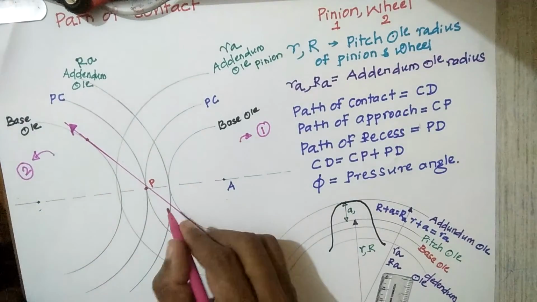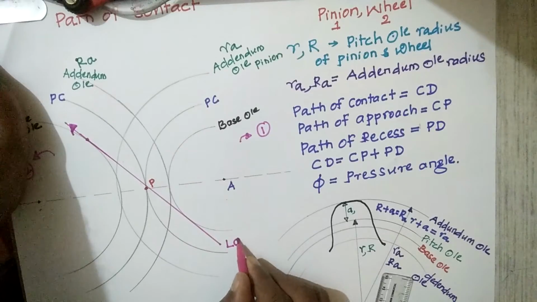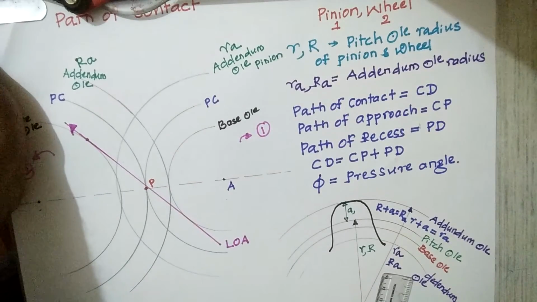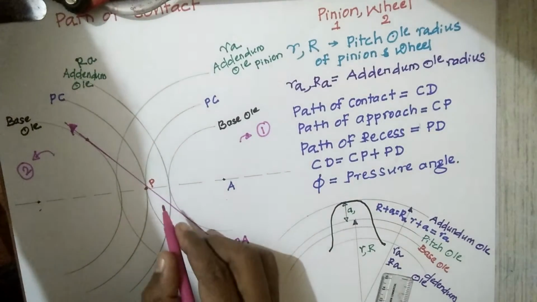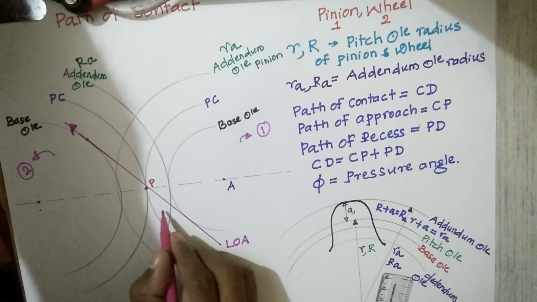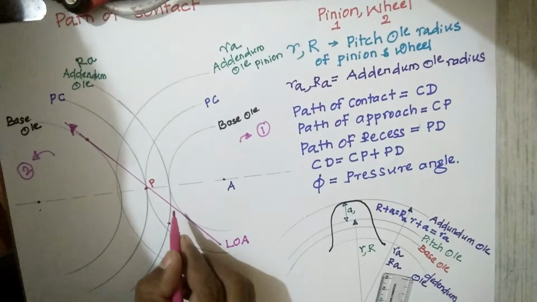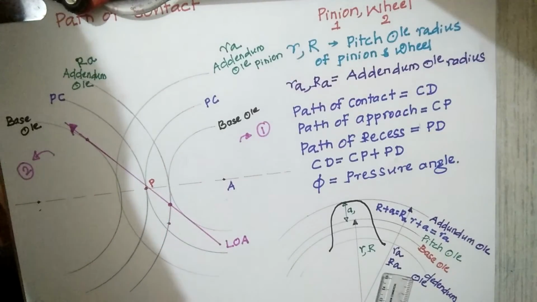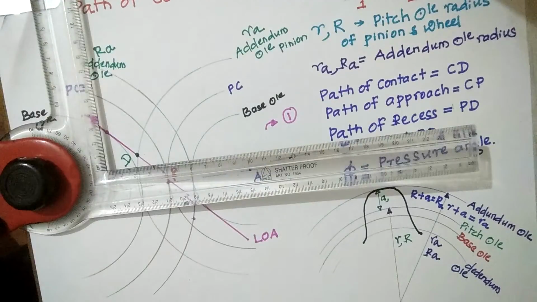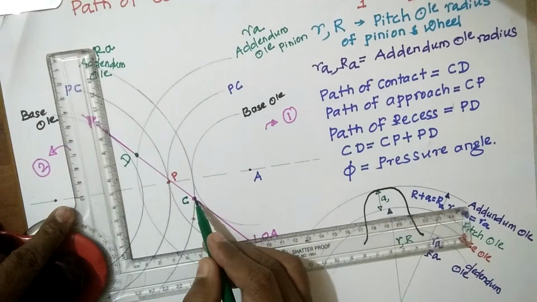Then the intersection of the, look at this one. This is called the line of action also. Now I'll come to the path of contact. Path of contact, where does it start? If you look at the wheel addendum where it intersects with the line of action, that is called the point of engagement.